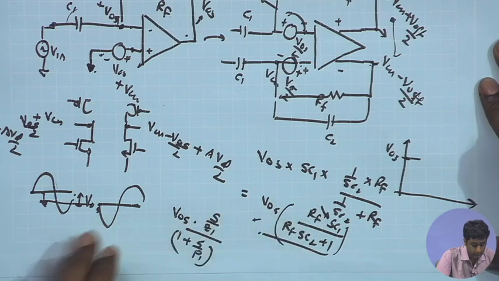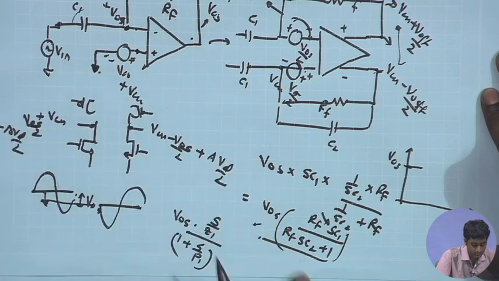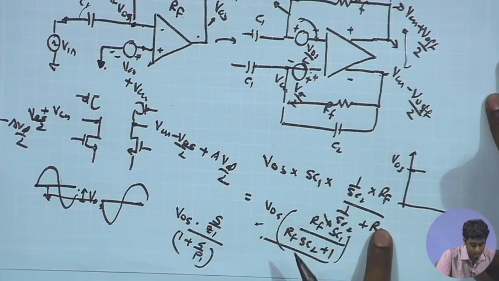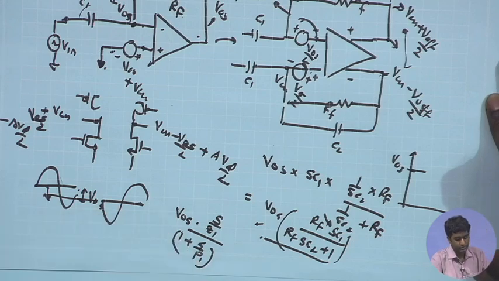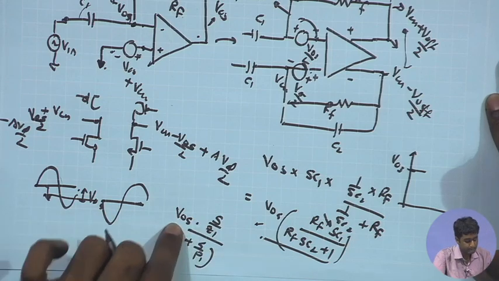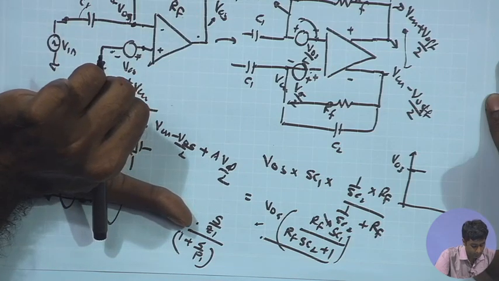So, at S equal to 0 you have the DC value. You have S upon Z1 and S upon P1. As S approaches 0, there is something problematic.